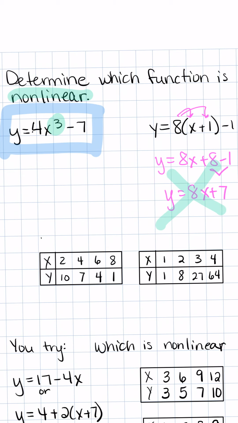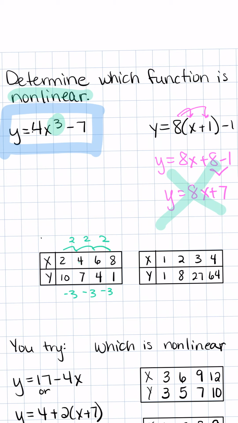Looking at this chart, it said that linear has a similar pattern. So let's look at the pattern. 2 to 4, plus 2. 4 plus 2 is 6. 6 plus 2 is 8. 10 to 7, that's going to be a minus 3. 7 to 4, that's a minus 3. 4 to 1, that's a minus 3.